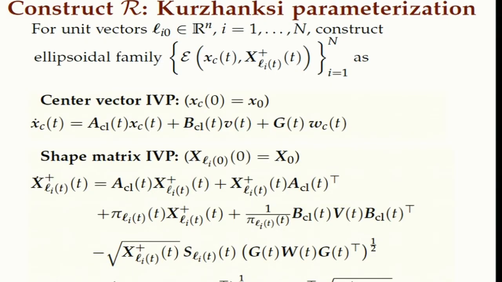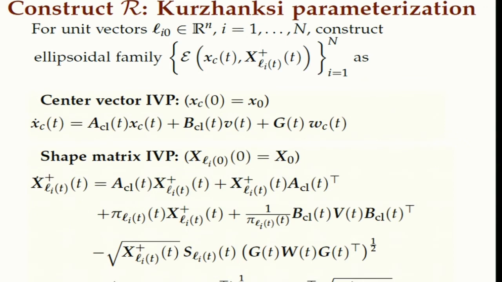Now this parameterization that I'm using was proposed by Alex Kurzhanskiy, and there was some collaborative work with Alex Kurzhanskiy and Pravin Varaiya in 2010 to 2013. What Kurzhanskiy proposed is to parameterize a set of ellipsoids by something like x plus l_i.